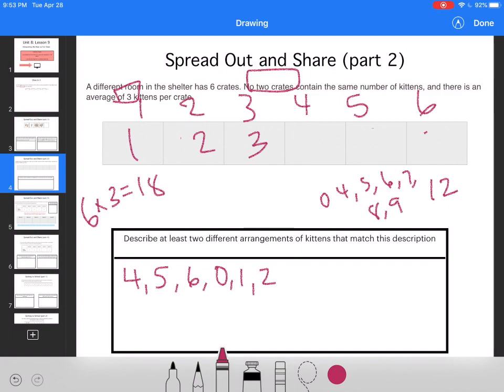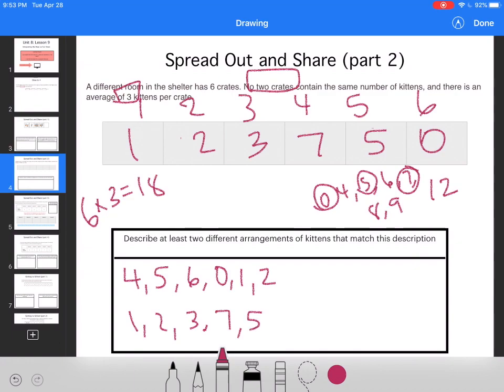So I have to somehow get 12. Well, I can do 7 plus 5 is 12 plus 0. So 7, 5, and 0. And that's a different configuration than what I currently have, because this one contains the number 7 and that one contains the number 6.